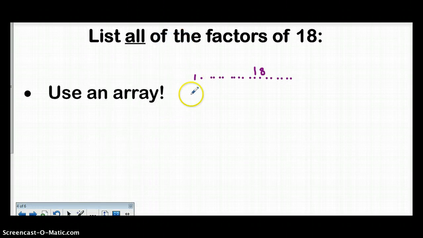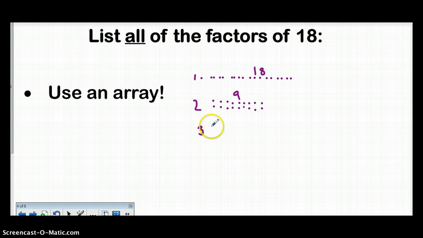You can fast forward through this part if you don't use this strategy, but if this is something that you think might be beneficial to you, stay here and watch it. 6, 8, 10, 12, 14, 16, and 18. And I can see here that I have made an array and the dimensions are 2 by 9. Those dimensions serve as my factors as well.